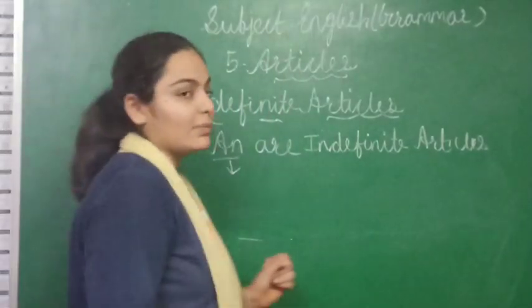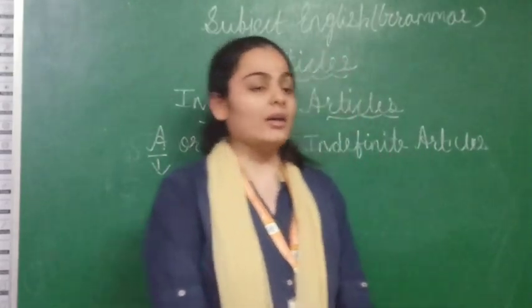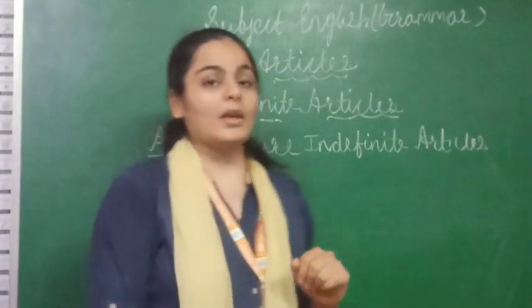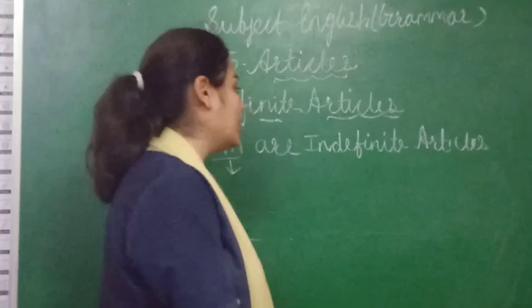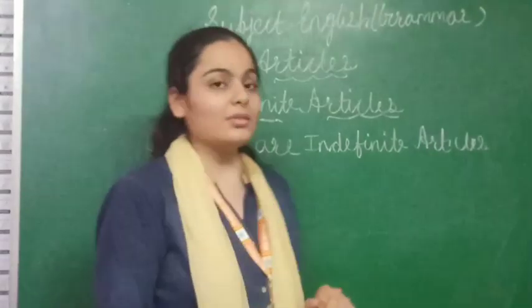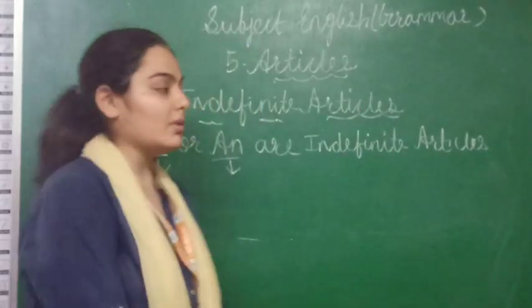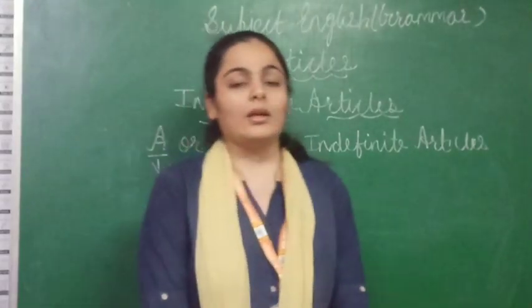A, E, I, O, U are vowels and the rest are consonants. So with consonants we use a and with vowels we use an.